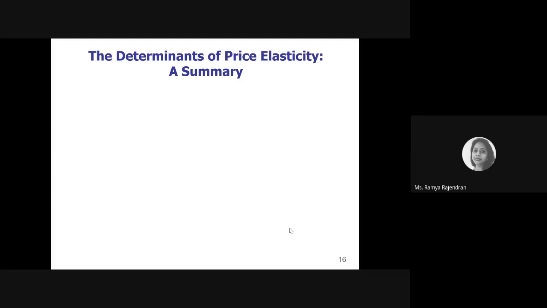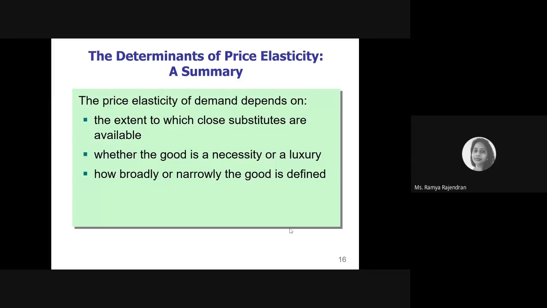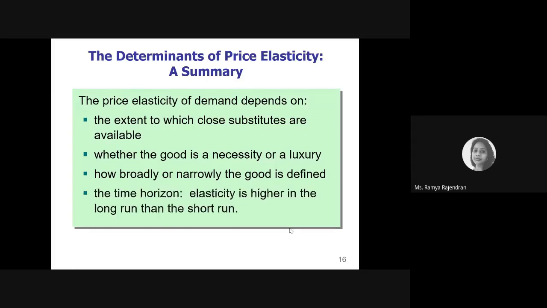So we have been discussing what happens to price elasticity. To sum it up, the extent to which close substitutes are available makes the price elasticity higher. It also depends on whether the good is broadly classified or narrowly classified, and on time.